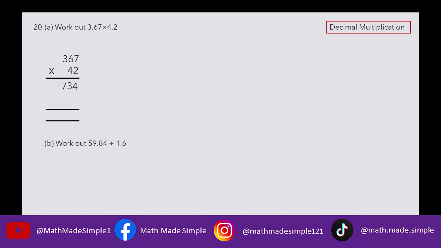And then because it's 40, it's a 10, so I need to add a 0, and then I do the same thing. 4 times 7. And then I carry, I multiply, add the carry, write it, and I do that again.